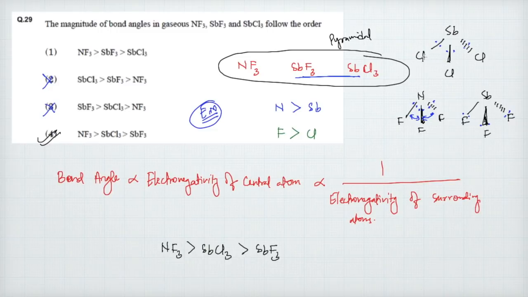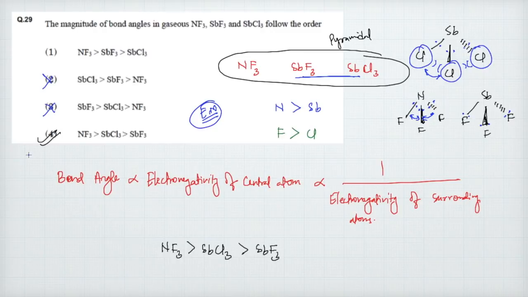The second thing is that due to the bigger size of the chloride ions, there will be interatomic repulsion, which is going to cause more bond angle. So SbCl3 will have a higher bond angle than SbF3. This is another explanation of the same thing, but it's much easier to understand through this relation. You will never get this question wrong whenever it is asked in exams. So the correct answer is option number 4.